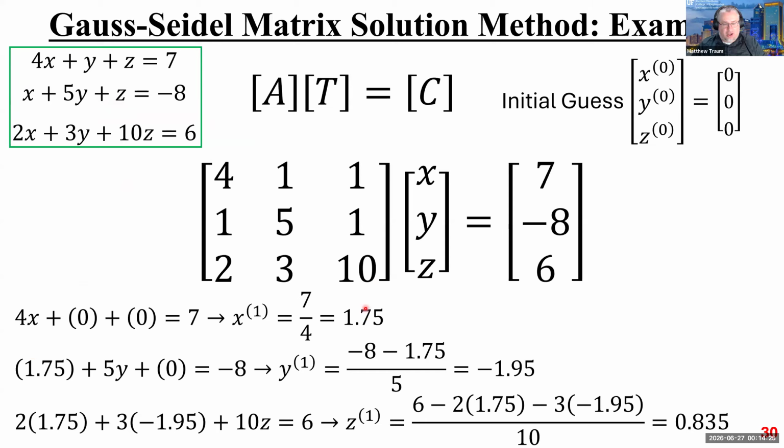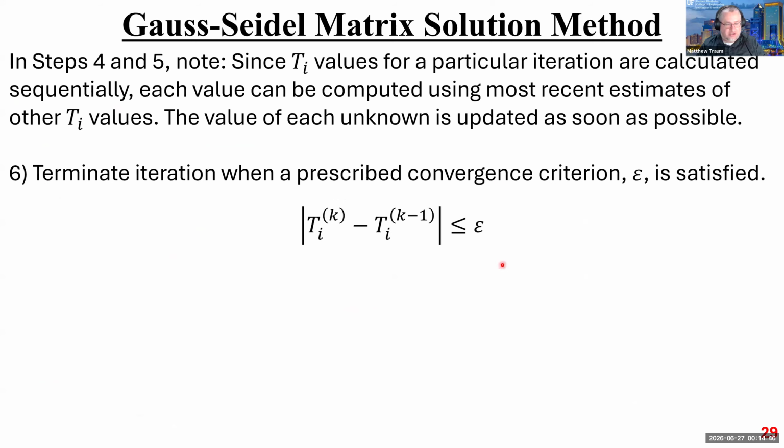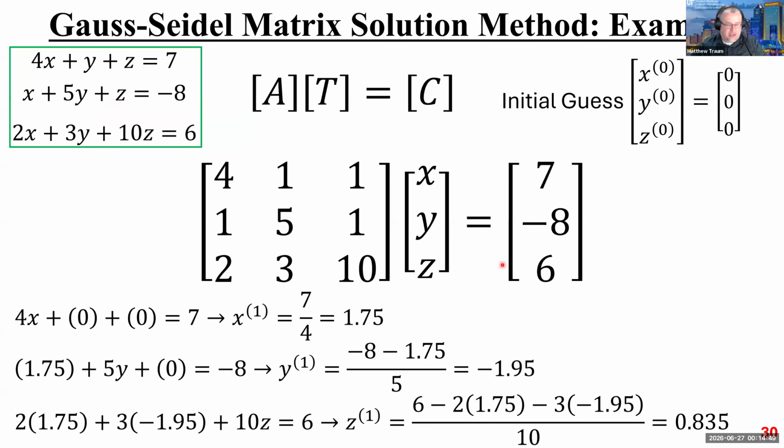Notice I just solved for x of the next iteration. So I'm going to take that x from the next iteration and plug it into the current iteration, right? That's basically what this says. What step 4 says is I'm just going to solve for values, and as soon as I solve for them, I'm going to plug them into subsequent equations.